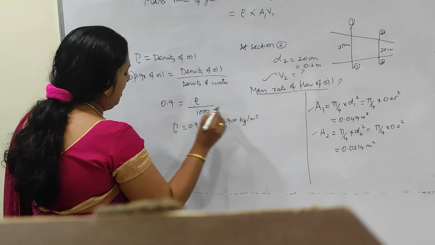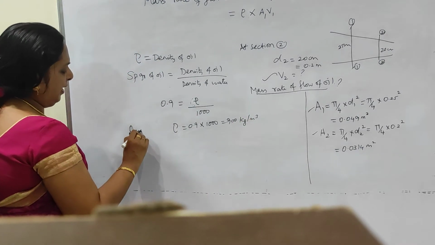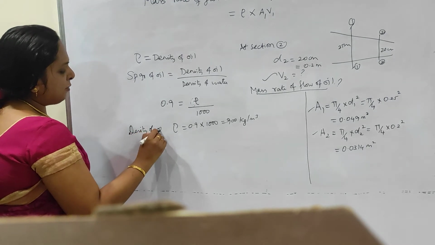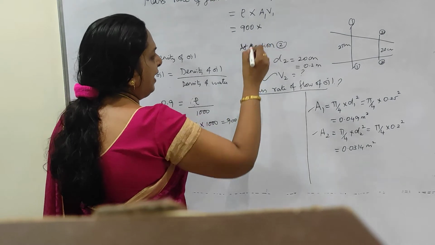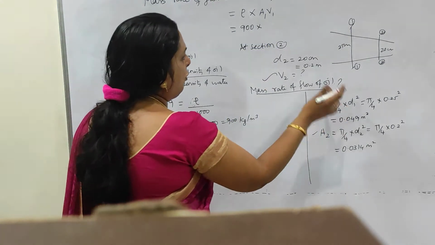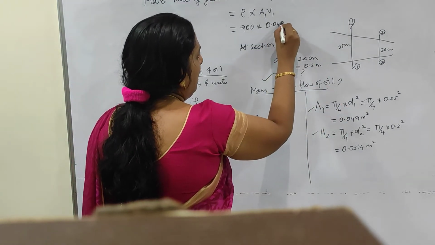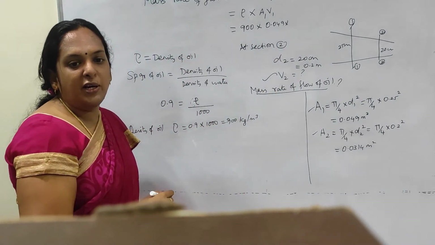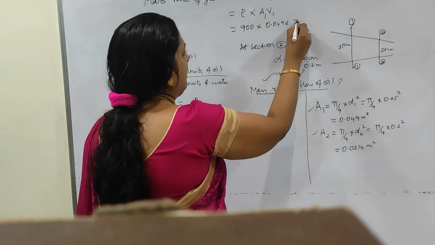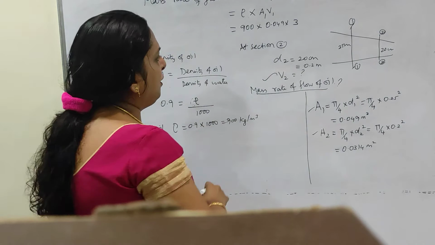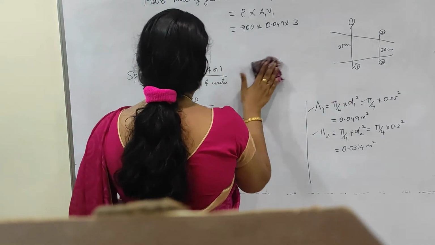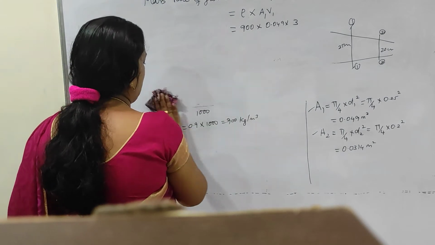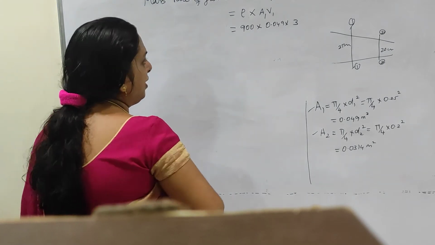And what is this rho? It is the density of oil. Okay, so in this equation, I know the density, so it is 900. And area also we have found out here, it is 0.049. And the velocity also was given in the problem, it is 3 meter per second. So it is easy for me to find out the mass flow rate. So what is the mass flow rate?